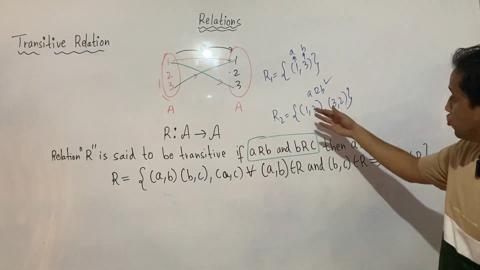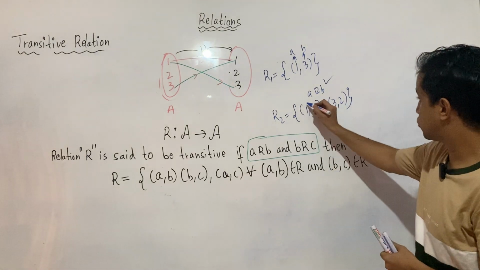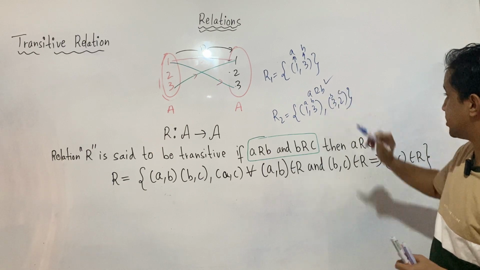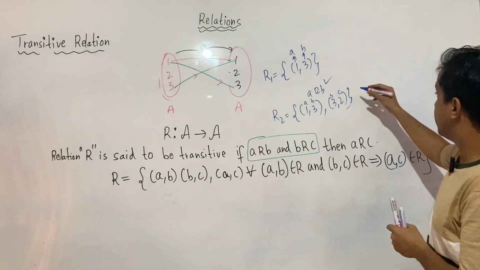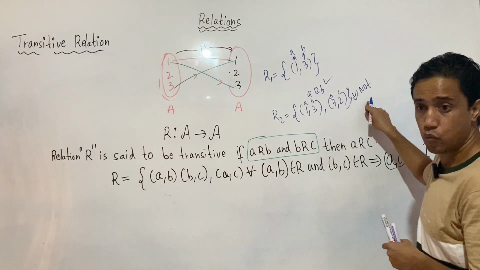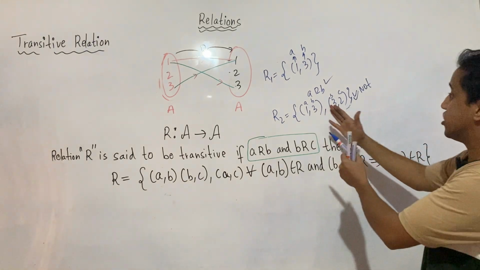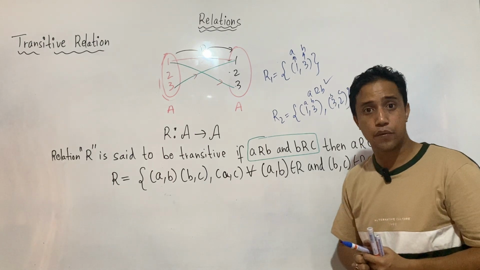A is related to B, and B is related to C. Now here, A must be related to C, so this is not a transitive relation. Why? Because AB is given, BC is given, so A relation C must be here.